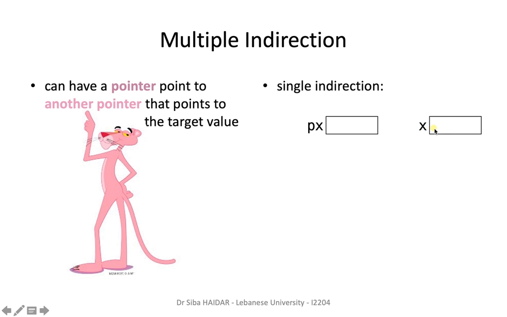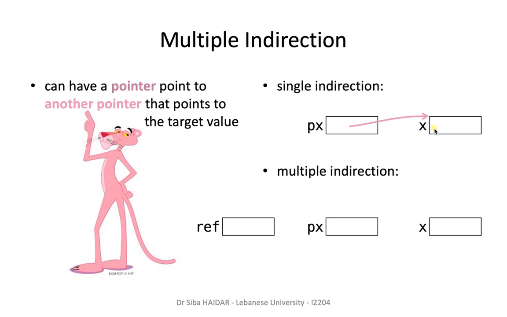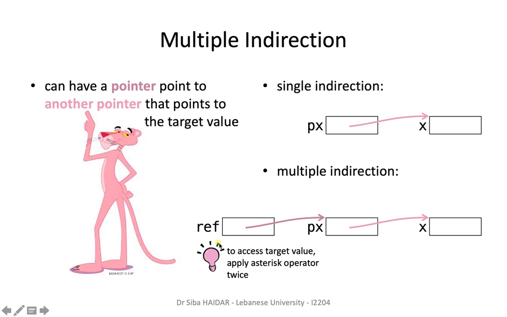We have a target value, and we can have a pointer pointing to it. In multiple indirection, we have a pointer that points to another pointer, which in turn points to the target value. So, in order to access the target value from within the first pointer, you apply the asterisk twice in order to get the value.